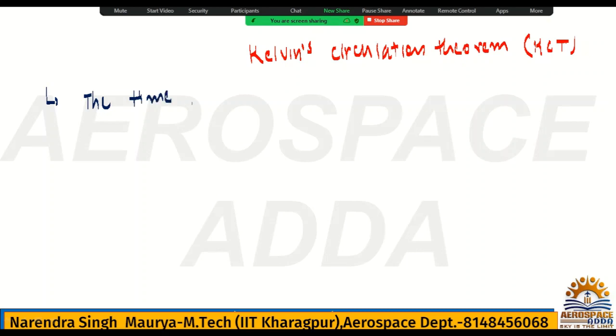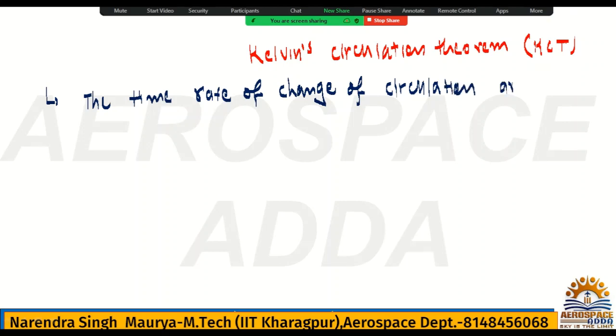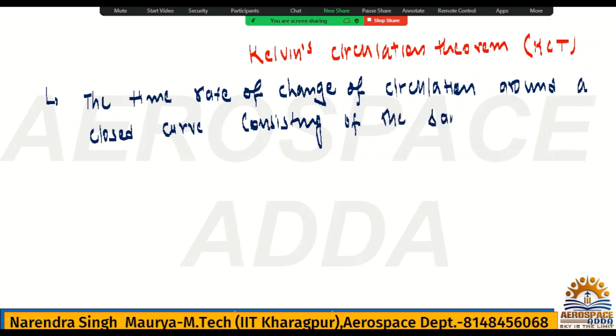time rate of change of circulation around a closed curve consisting of, this is very important, the same fluid element is 0.